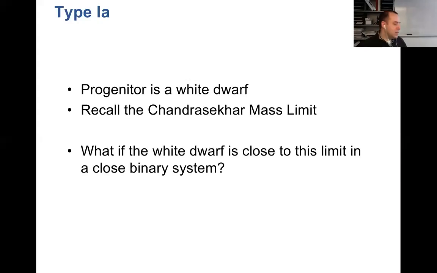Okay, basically, you've exceeded the Chandrasekhar mass limit. What bad thing is going to happen? The entire white dwarf is going to explode. And you get an event that is as bright, if not brighter, than a supernova that we've talked about before.